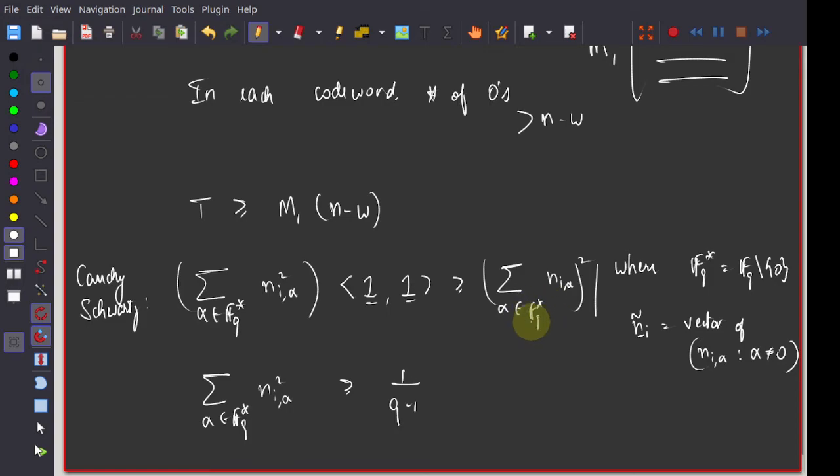I'm summing only over the non-zero elements, not summing over all the i's yet. So it is basically M1 minus n_i0, the whole square.